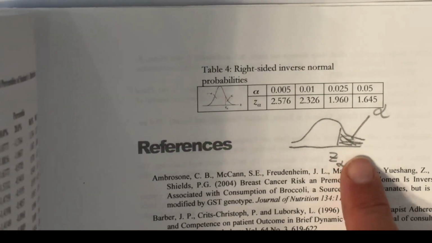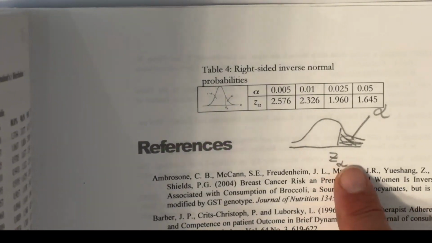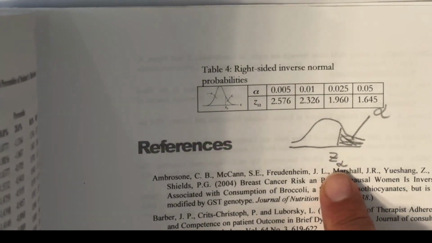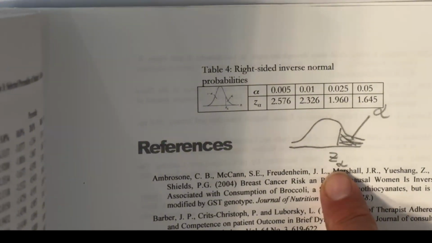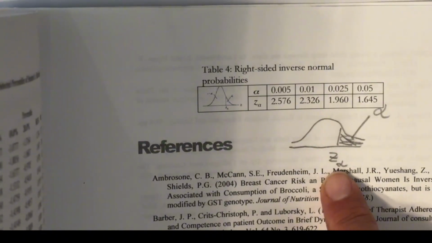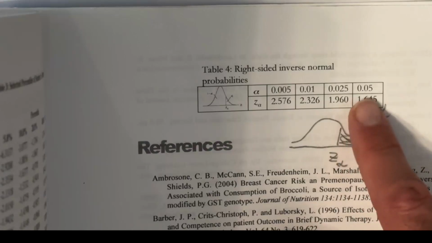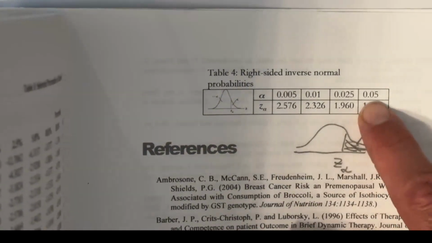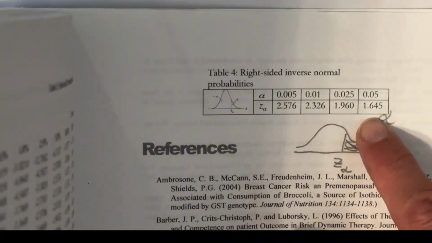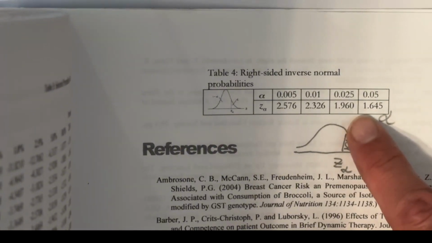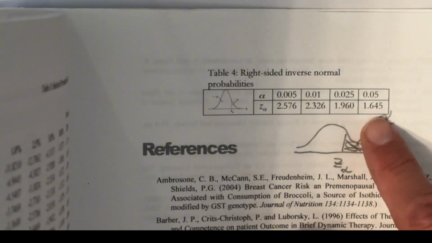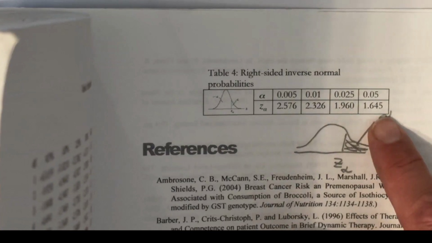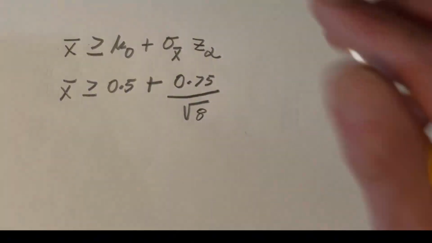So if we want 5% of the area to the right of this critical value, we look up 5%, which is 0.05. This is the alpha. And the z sub alpha is 1.645. So I'm going to write that down.